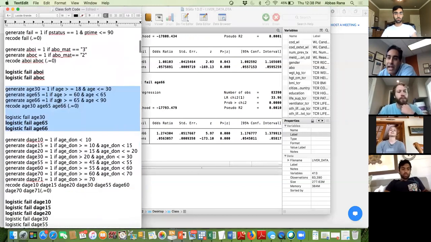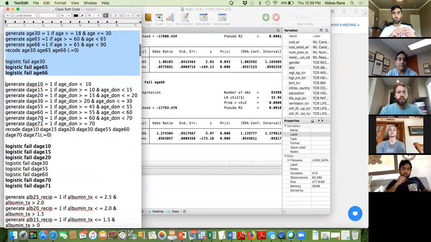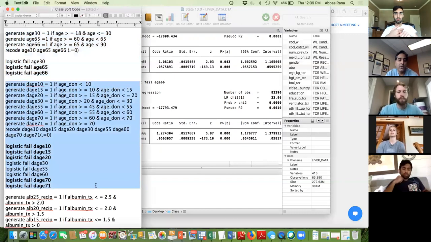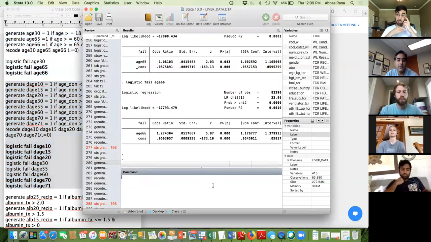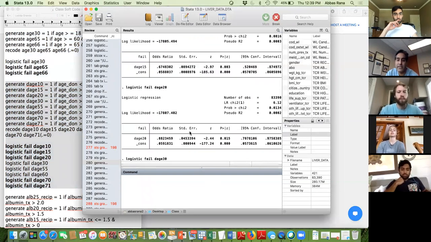That's why I created variables, and then I run the univariate, and then I bolded them so they'll be included later in a multivariate. And you just go and you could do all of them. And then boom, donor age and all of these things come out, and you get every one of these risk factors.